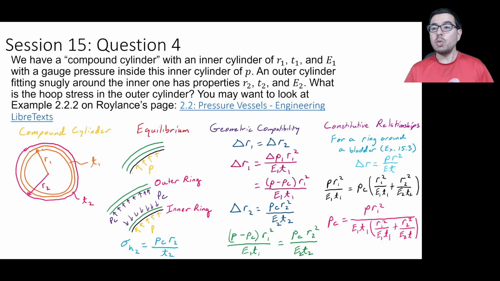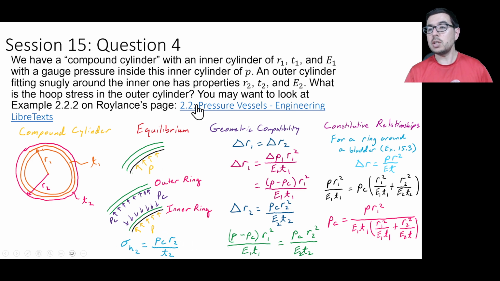Okay, so I suggest you use your thumbs very carefully with a calculator, or you use Python or Colab or MATLAB, whatever it is, to calculate this out. Because you can plug in all these properties here, calculate the PC, and then plug in the PC right here.